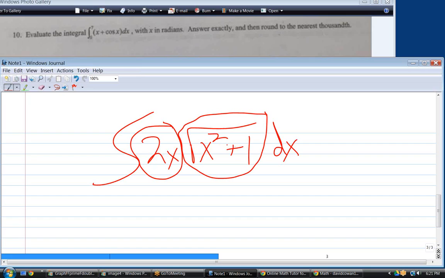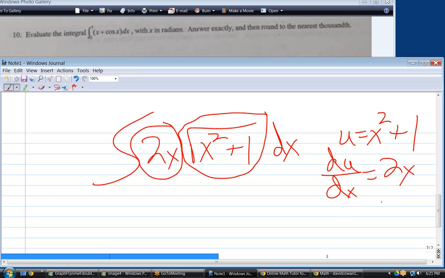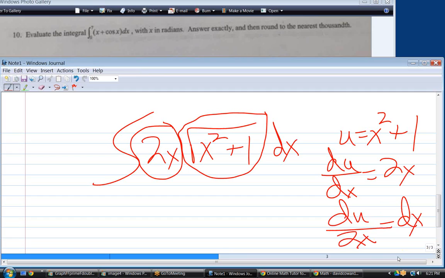Whenever we have this, we know that if I let u equal x squared plus 1, then du dx is 2x, so du divided by 2x equals dx, and I'm always going to have the derivative of the inside in the bottom, which is perfect because that's exactly where I need it in order to take care of this 2x.